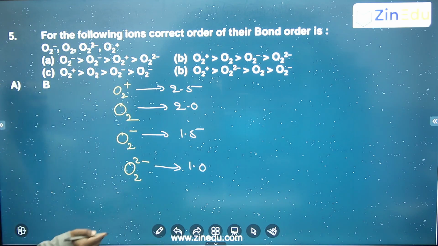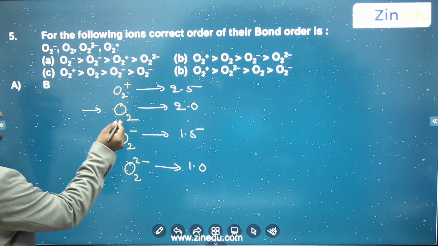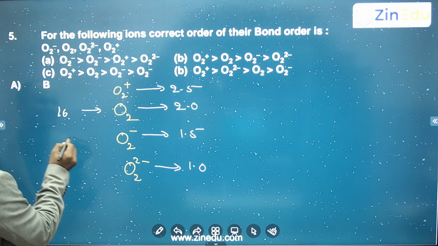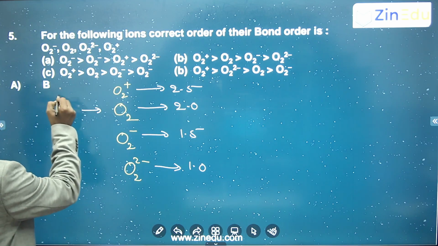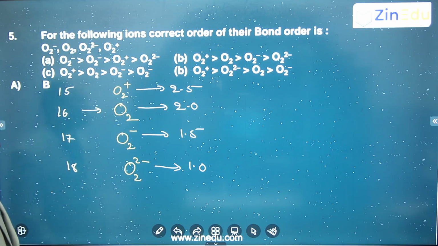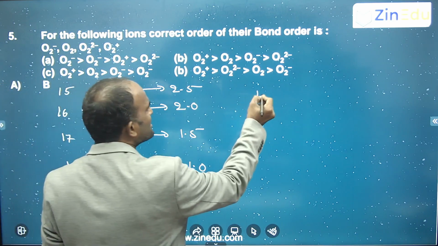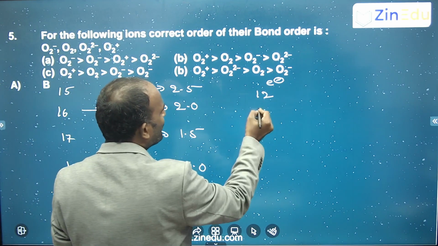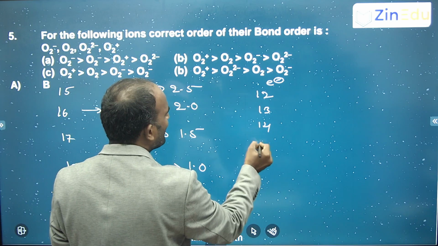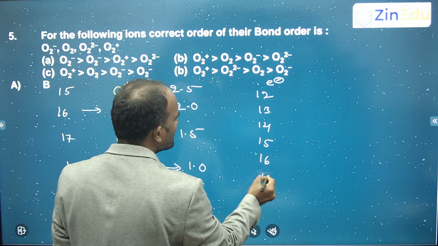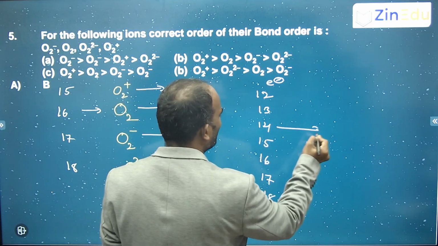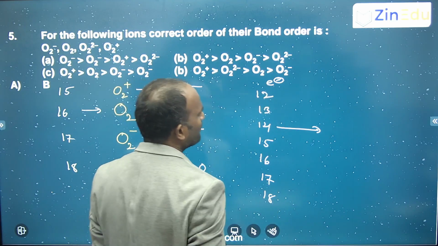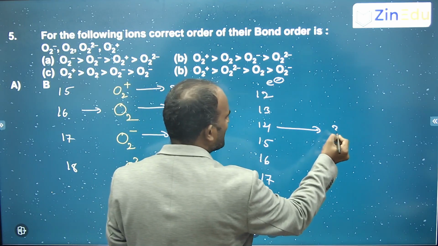Some of them will just consider it like this: O2 has 16 electrons, O2 minus 17 electrons, O2 2 minus 18 electrons, and O2 plus 15 electrons. You can consider from 12 electrons, number of electrons 13, 14, 15, 16, 17, 18. This is going to be quite simpler when compared with anything else, and you can take it from 10 electrons also, 14 electrons 3.0.